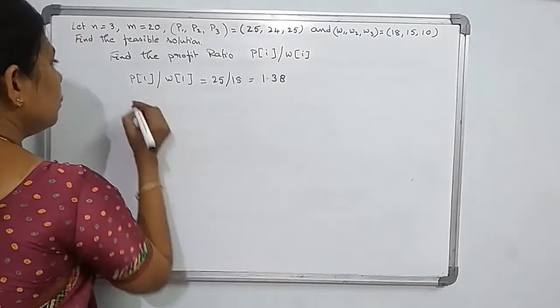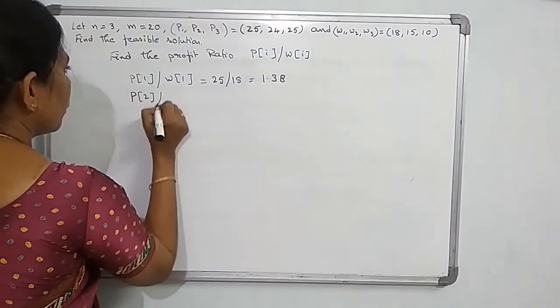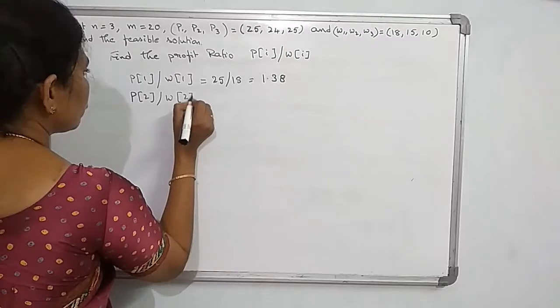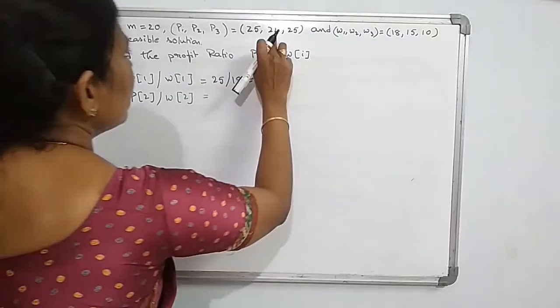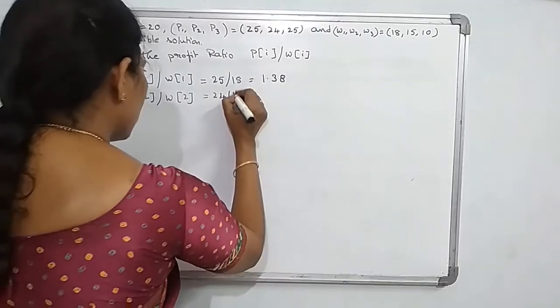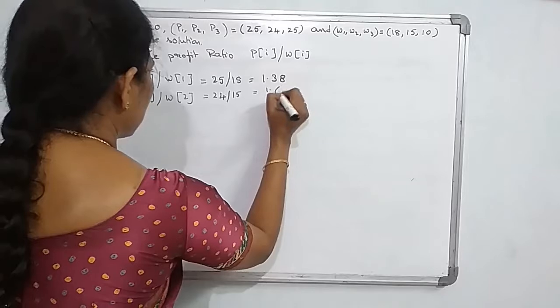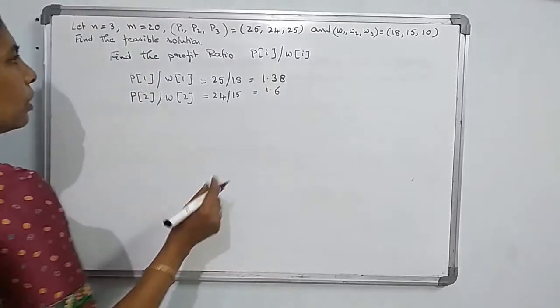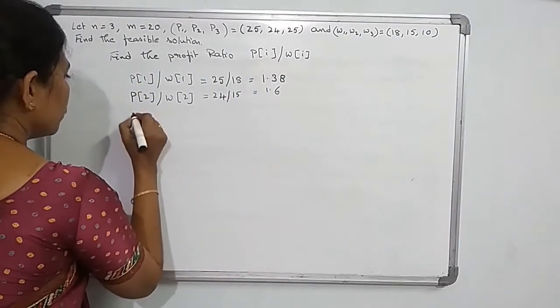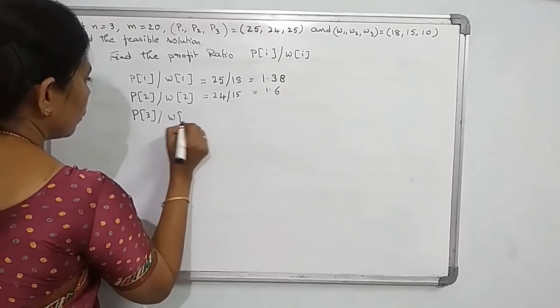Next, you can find P of 2 by W of 2. P of 2 means 24 and W of 2 means 15. This is equal to 1.6. Next, you can find P of 3 by W of 3.